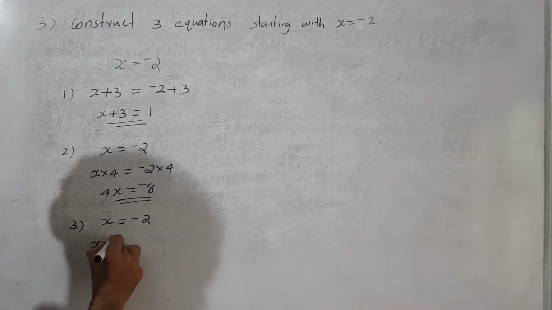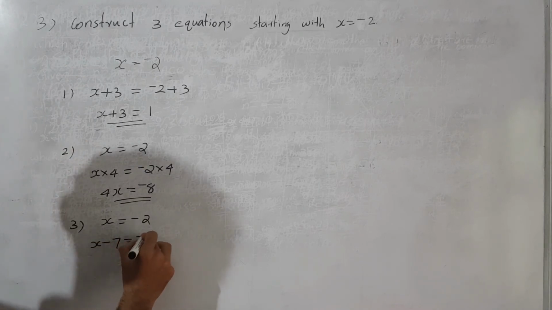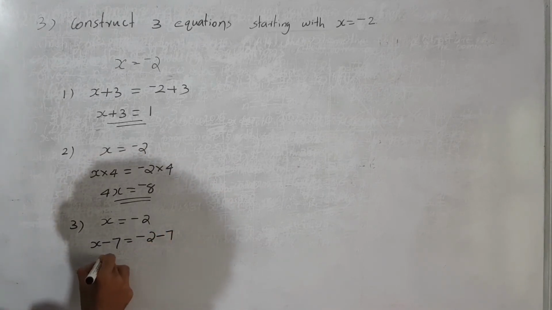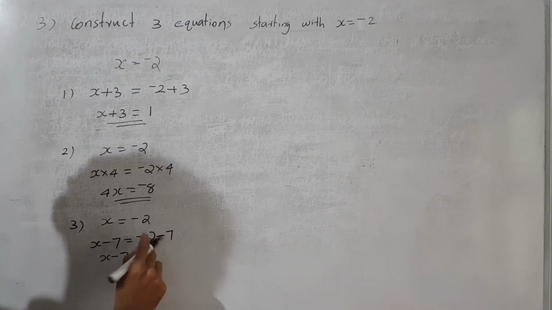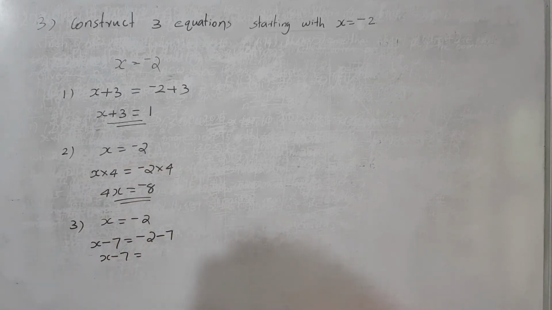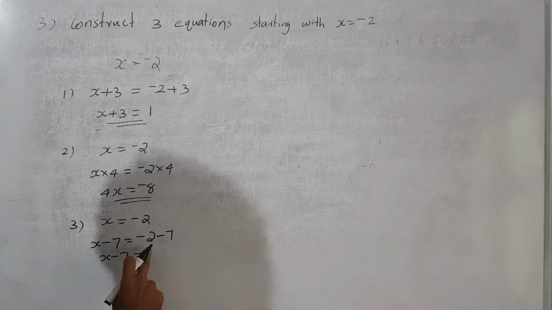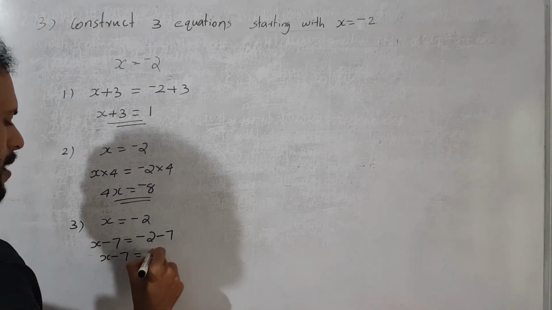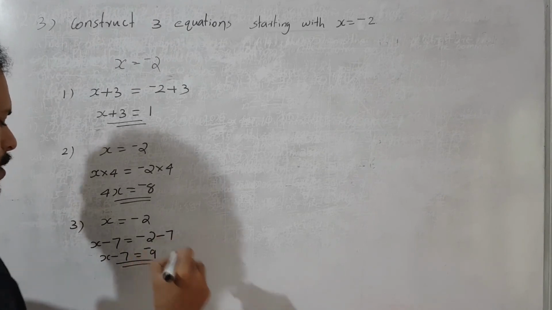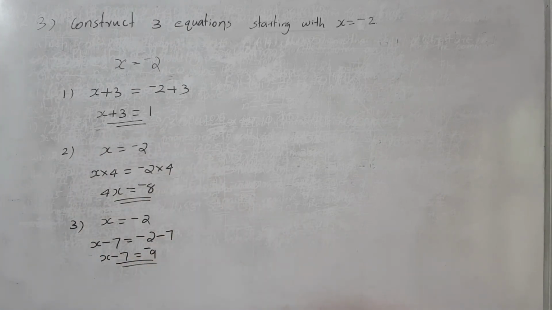Then x minus 7 is equal to minus 2 minus 7. We know we have two numbers with the same sign, so we add the numbers and put the same sign. 2 plus 7 is 9, and the sign is negative. So our third equation is x minus 7 is equal to minus 9.